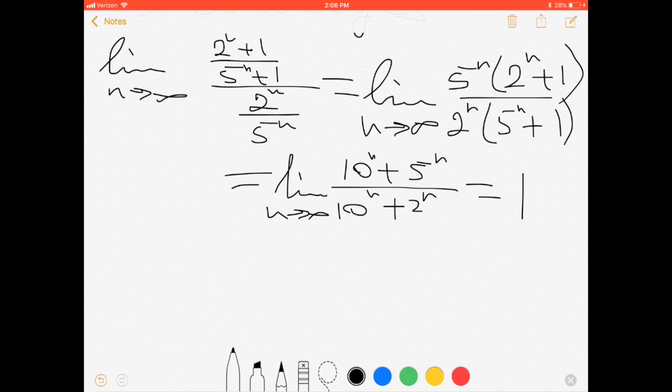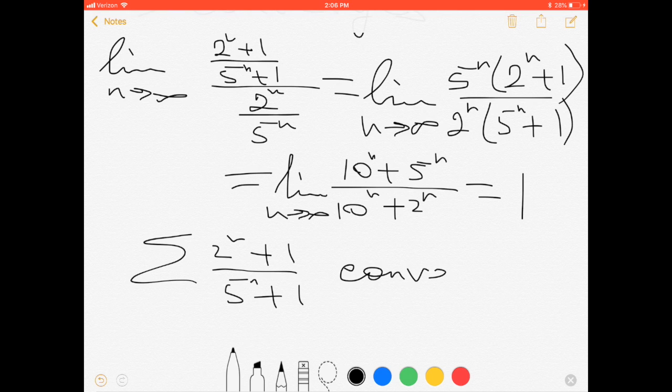Okay, great. This means our series 2 power n plus 1 over 5 power n plus 1 converges.